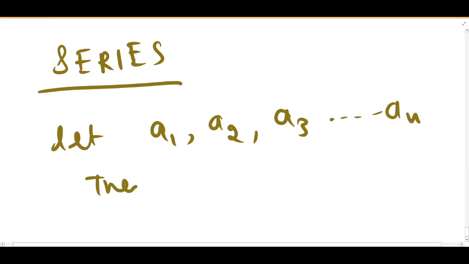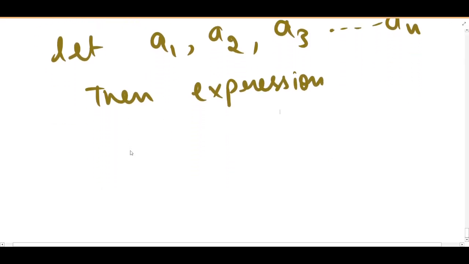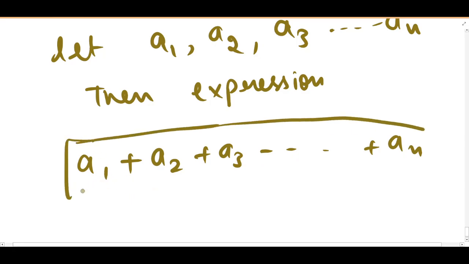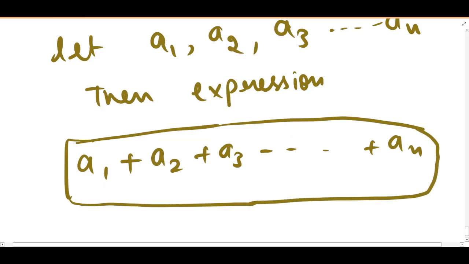Then the expression a1 plus a2 plus a3 plus and so on plus an is called a series. There is a basic difference between sequence and series.